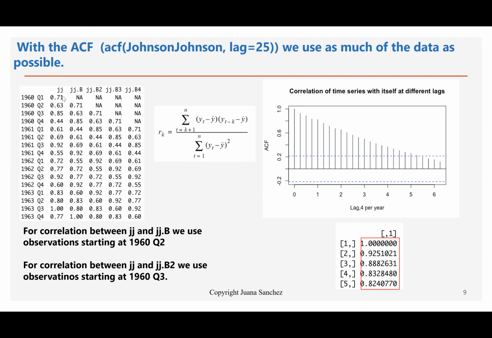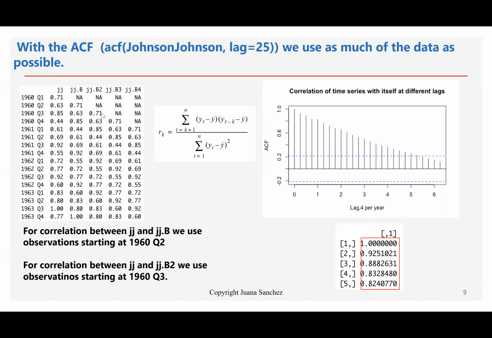YT minus 1 is 0.71, the observation in the time before. At quarter 3, YT minus 1 is the observation of the time series at quarter 2, and so on. So we are gradually losing more and more values here. We're creating more and more missing observations.